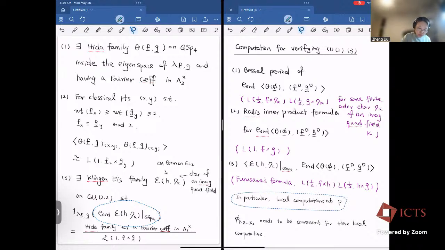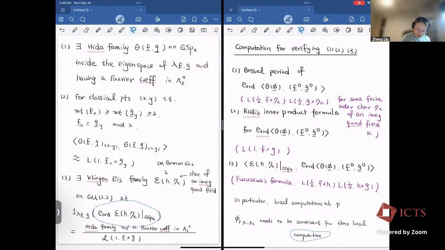In particular, we need to do this computation at p, and our choice of the Schwartz function needs to make sure that it is convenient for such computations and also gives us the desired result.